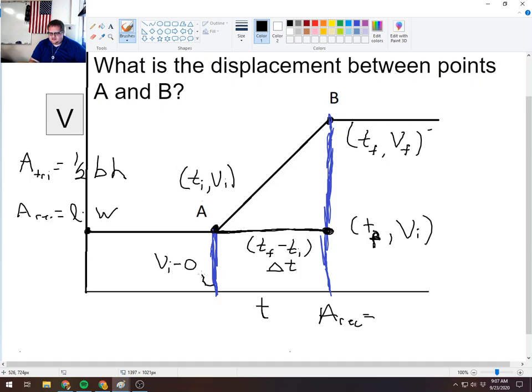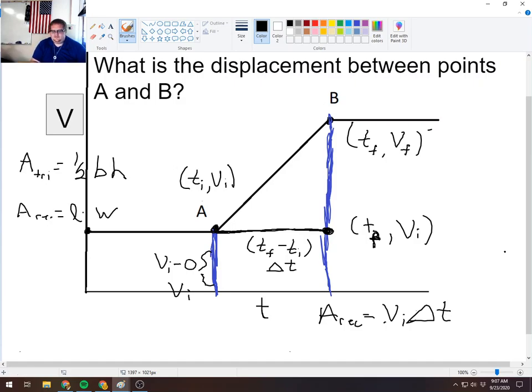So this length is just going to be the initial velocity. So the area of the rectangle is going to be, excuse me, length times width, VI times this width we just described, sorry, I lost my cursor, delta T. VI times delta T.